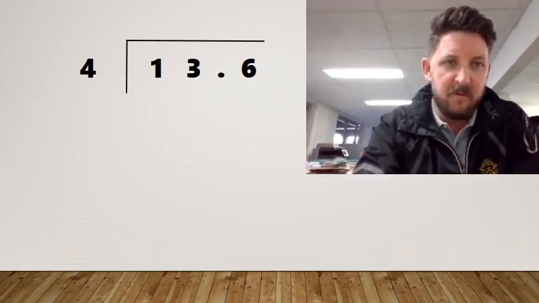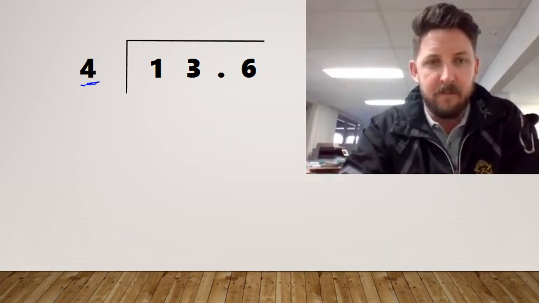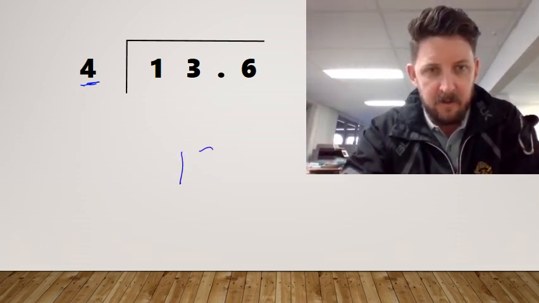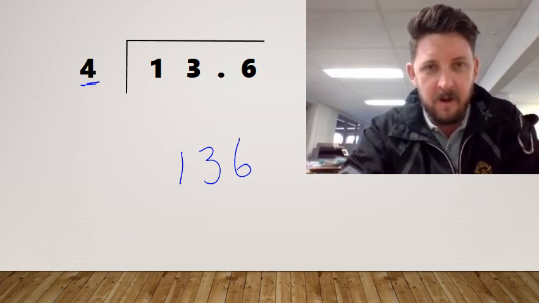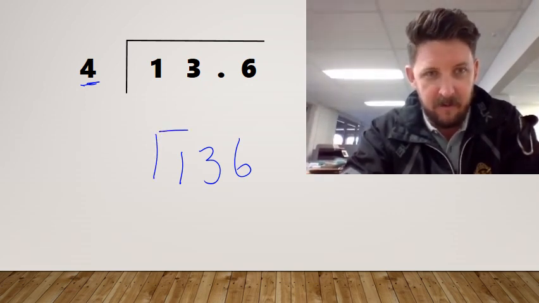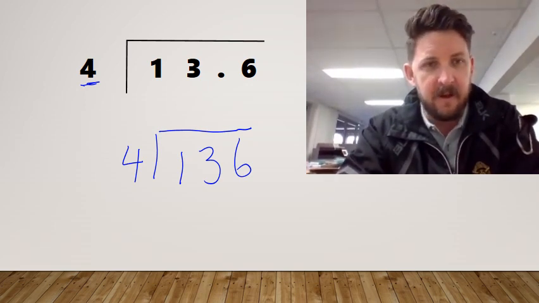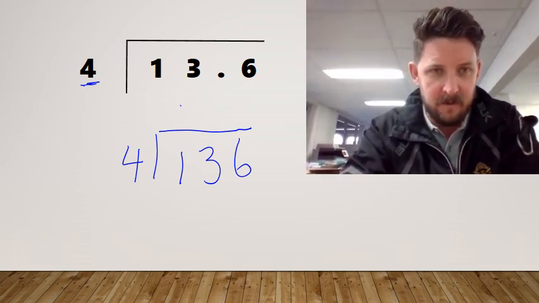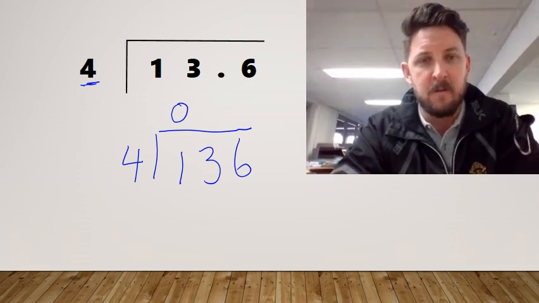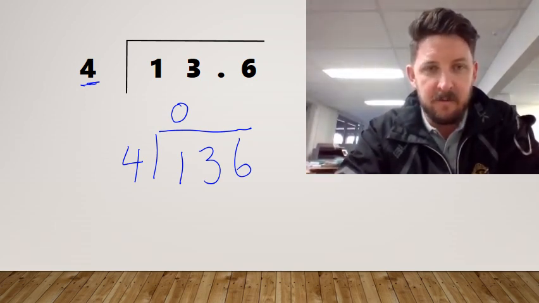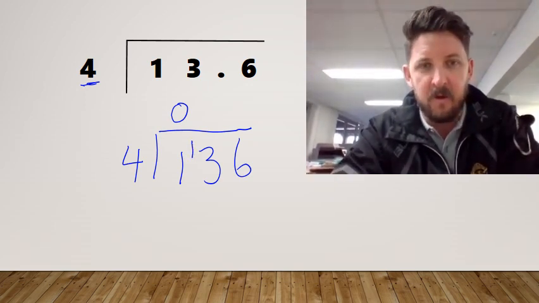So my divisor is 4. If I write it back out again, I'm going to go 136 divided by 4. And I go from left to right, going how many times does 4 fit into 1? And I will always put my 0 at the top. So how many times does 4 then fit into 13?